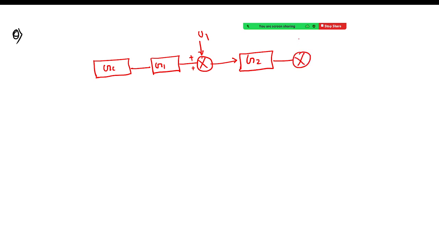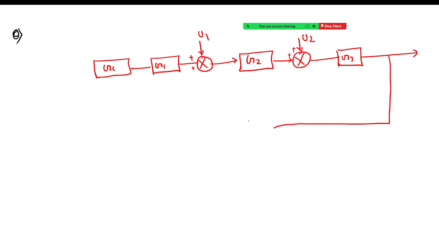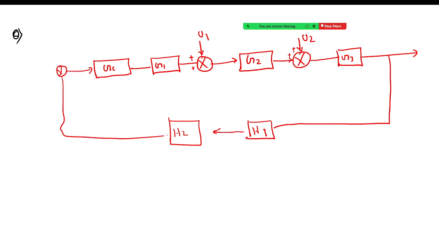Again, a second comparator is there. Here I am giving two loads, that is also positive and that is also positive. Fine. Here there is G3. The output is fed back. There are two measuring instruments, H1 and H2. Here is a comparator where this comes in. So this one is R, that is positive, that is negative. This is a feedback loop, right? And here this one is your output C.